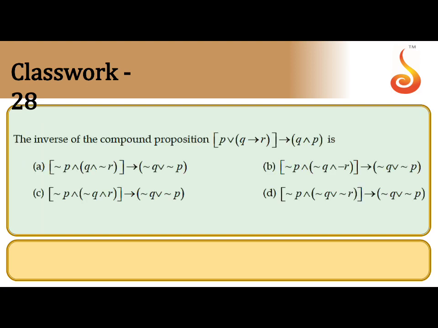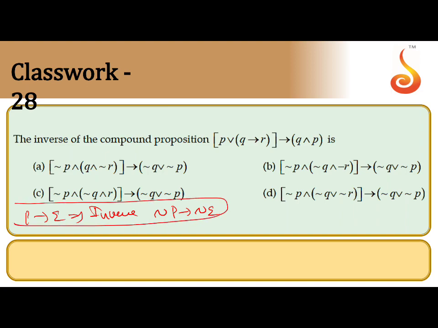Next. So here, inverse of the compound proposition. Inverse means what I told. So for P implies Q, inverse is what? Inverse is negation of P implies negation of Q. That is called inverse. So that means you can apply negation for this one and negation for this one to get the answer. Do it slowly.